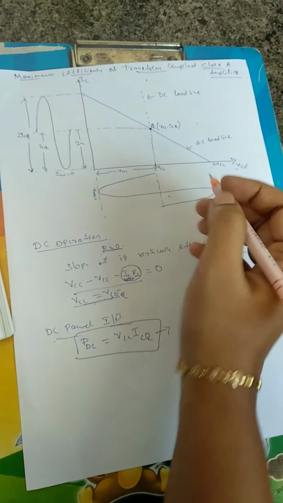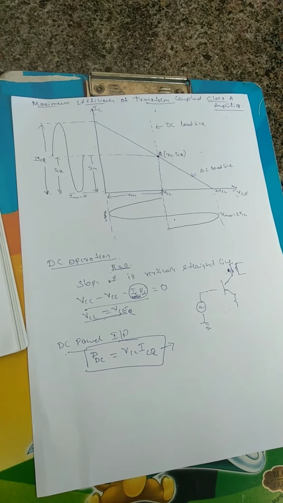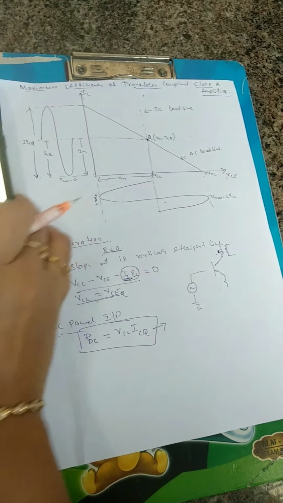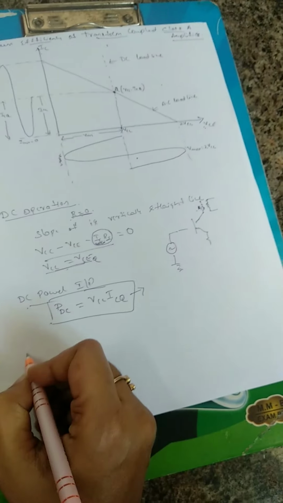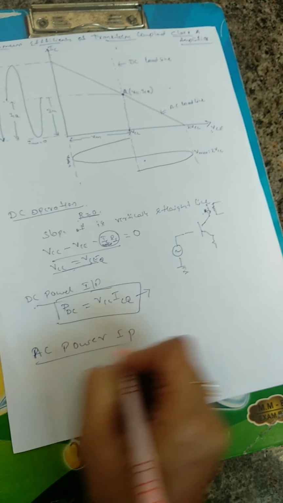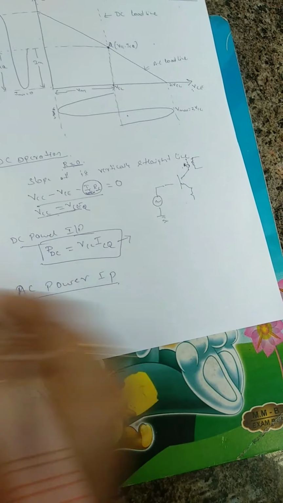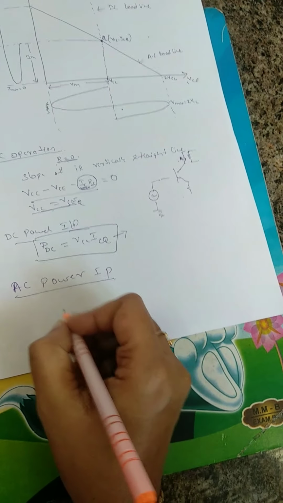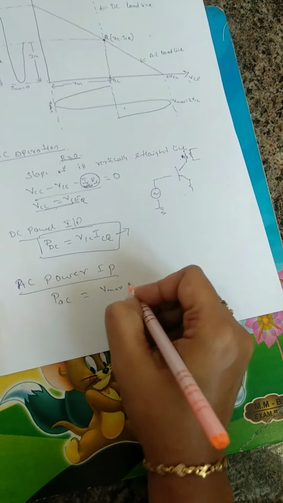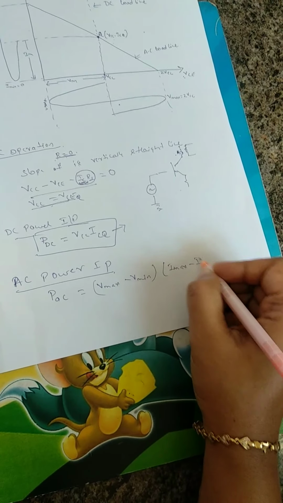Okay, now we'll see what is the AC power output. We have already derived PAC in the series fed class A amplifier itself.